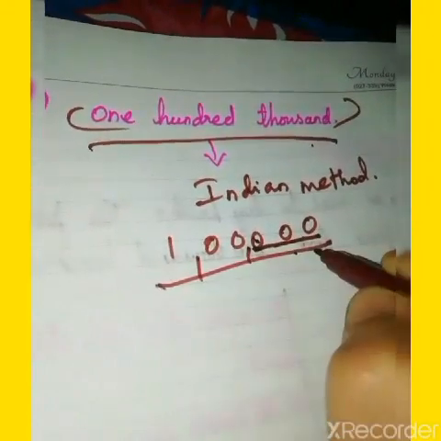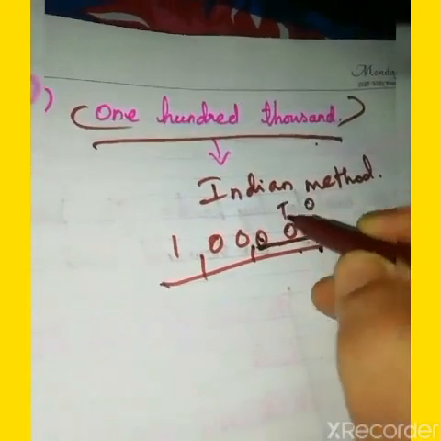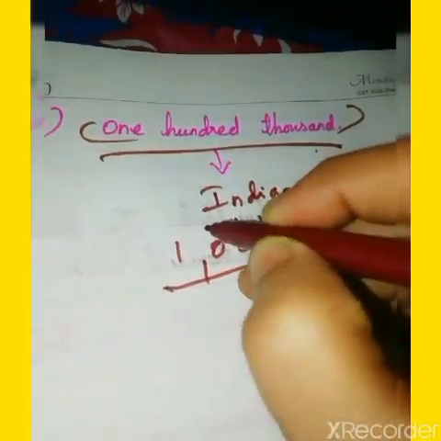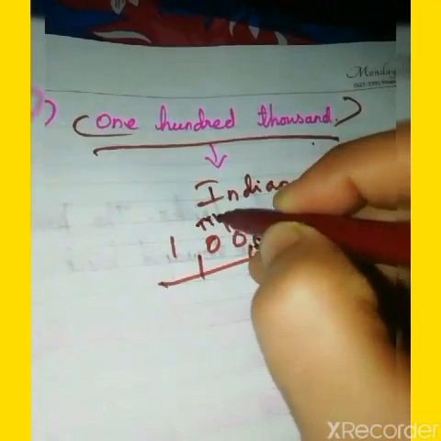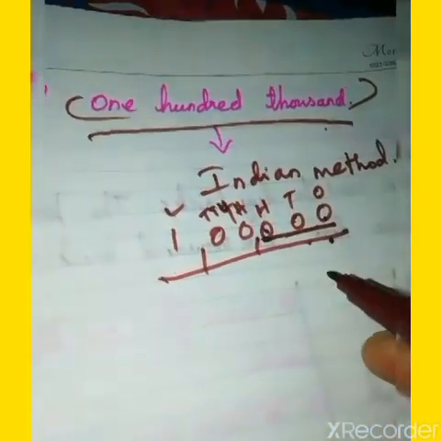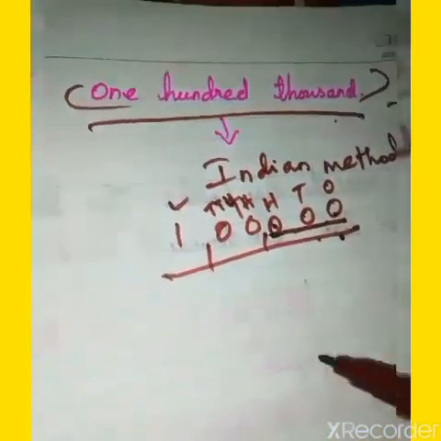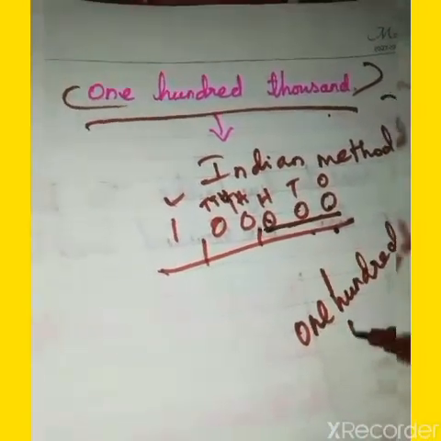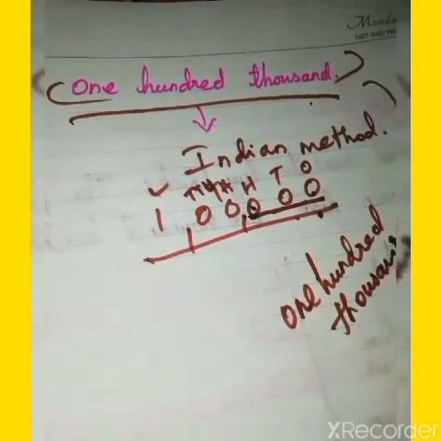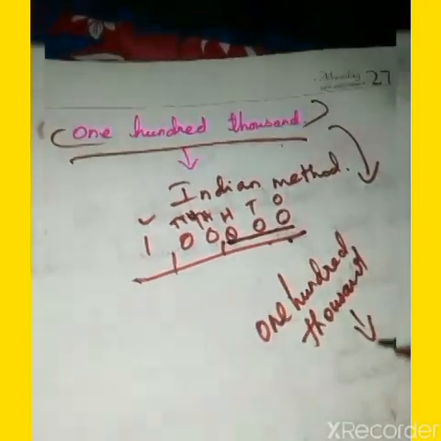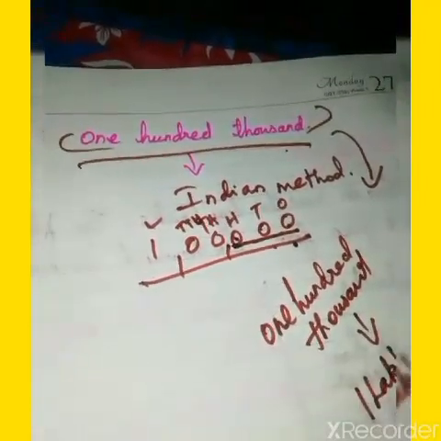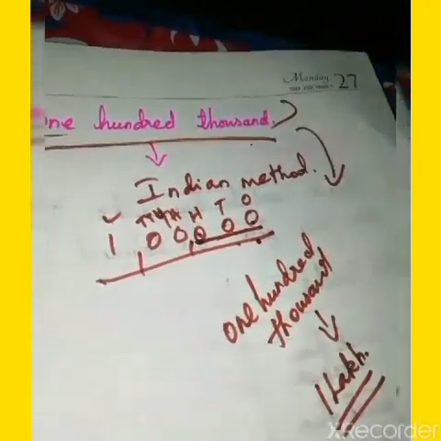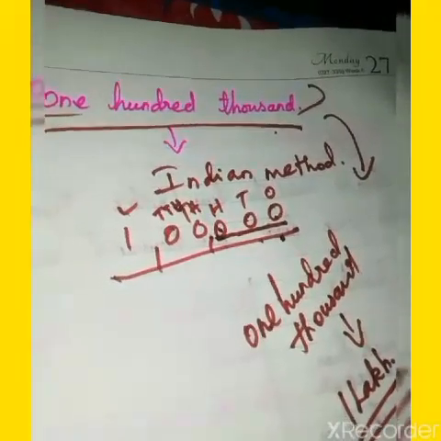Now what does this mean? Ones, tens, hundreds, thousands, 10,000, lakh. So it's nothing but 100,000, which means 1 lakh. Can you understand? So, 1 lakh.